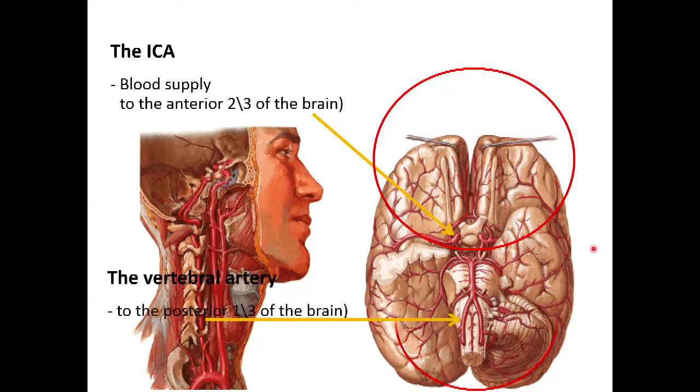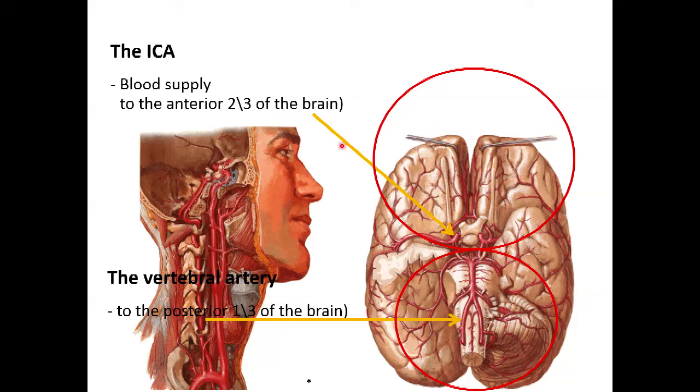And also there is the vertebral artery, which supplies the posterior 1/3 of the brain. I use another red circle, smaller than the upper one, to demonstrate that the posterior 1/3 of the brain is supplied from the vertebral artery.